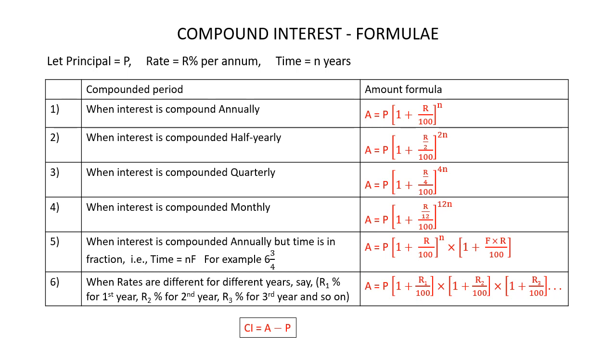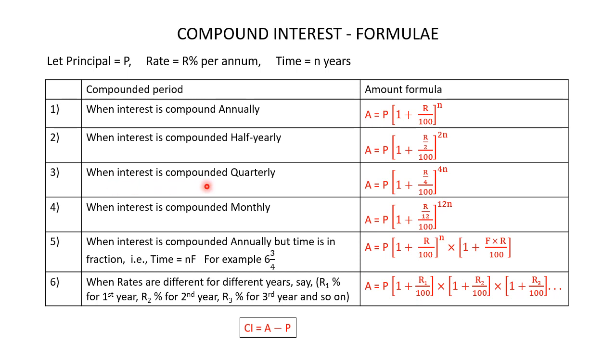Also to find the number of half years, multiply the time with 2. So when interest is compounded half yearly, the formula to find the amount is A is equal to P multiplied by 1 plus R by 2 divided by 100 raised to the power 2N.